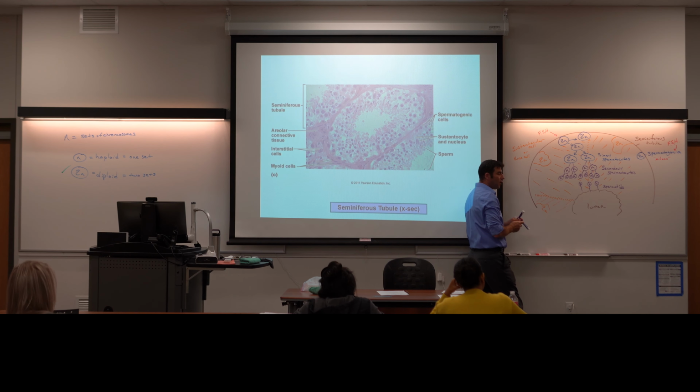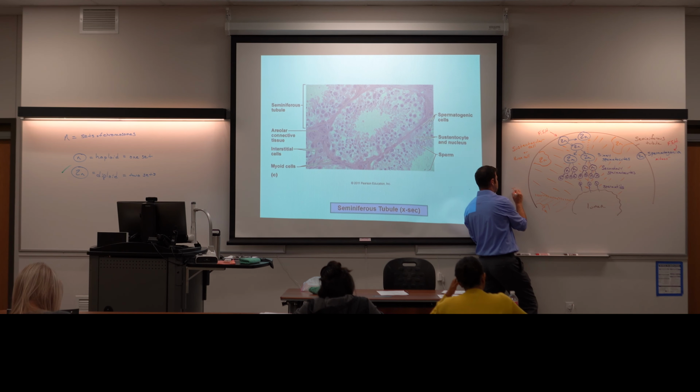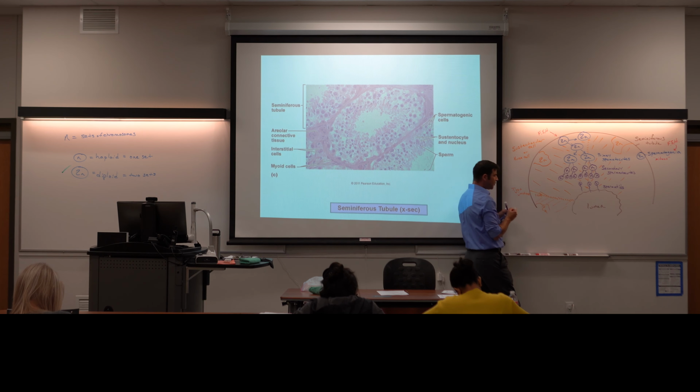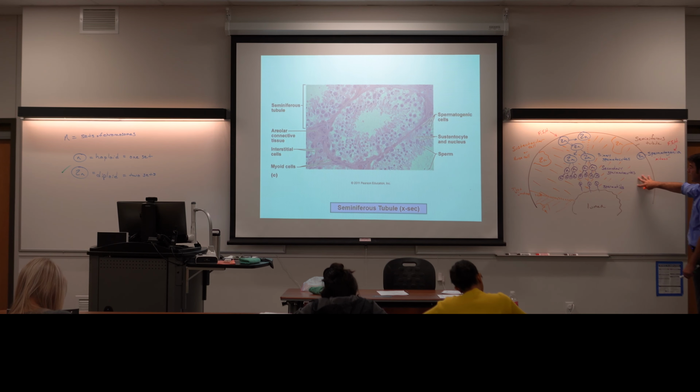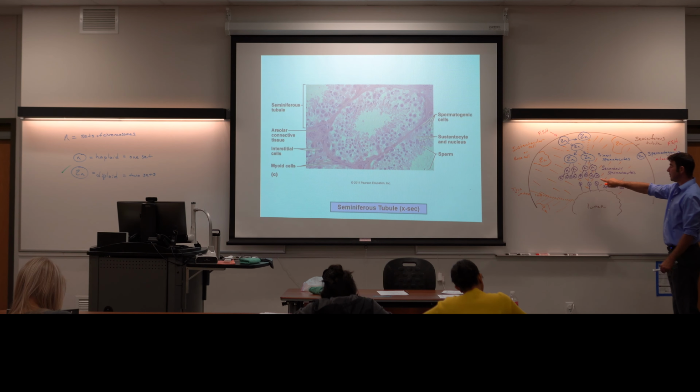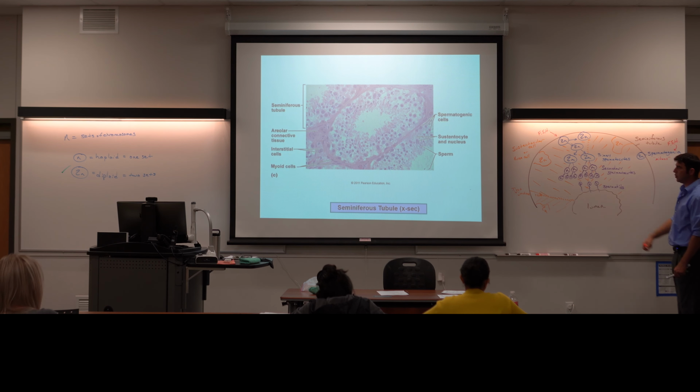It forms what's called the blood-testes barrier. So these nurse cells, or sustentacular cells, have a very important job. If you don't have functioning nurse cells, then these secondary spermatocytes are likely to be seen by the immune system and taken out before they ever had a chance to drop into the lumen.